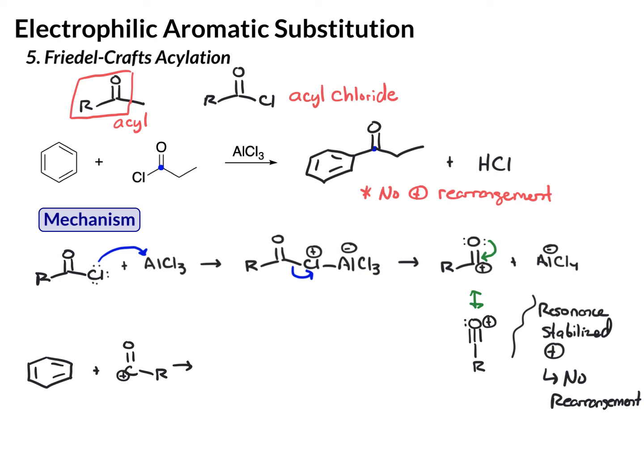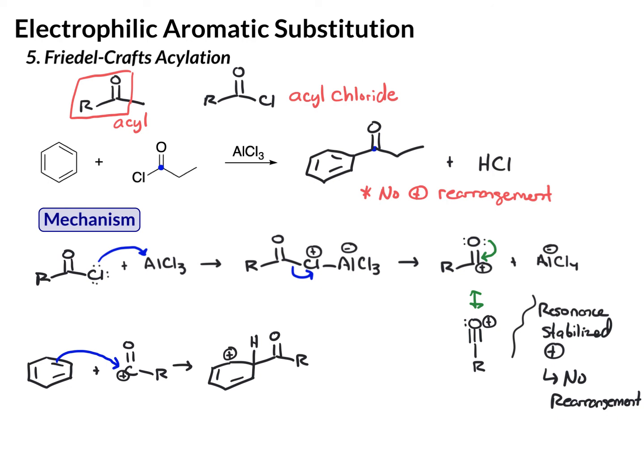From there, we'll draw a curved arrow from the pi electrons on benzene to this carbon. Here I'll draw in the new bond to the C, double bond O, and the R. There's a hydrogen there, and a carbocation here.